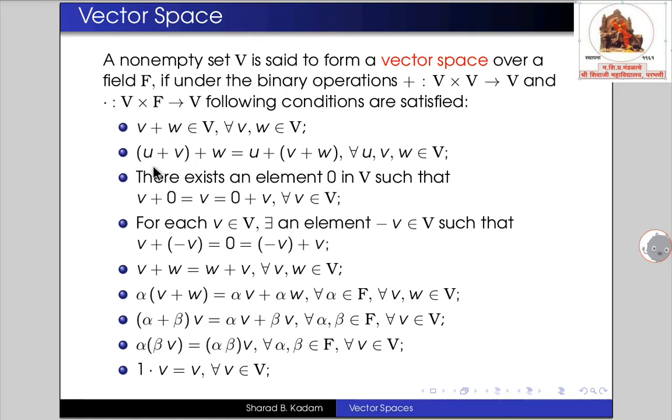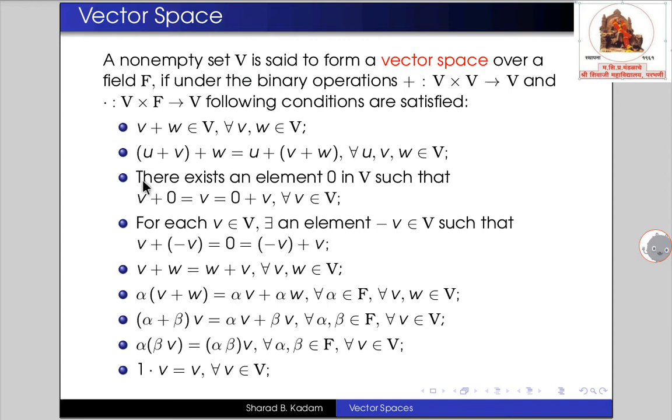This property states that (u plus v) plus w equals to u plus (v plus w), and this holds for every u, v and w in the set V.